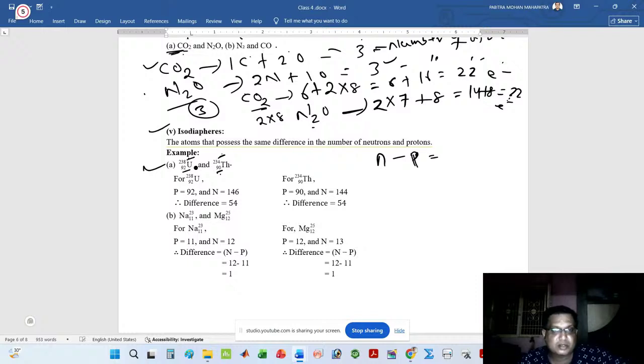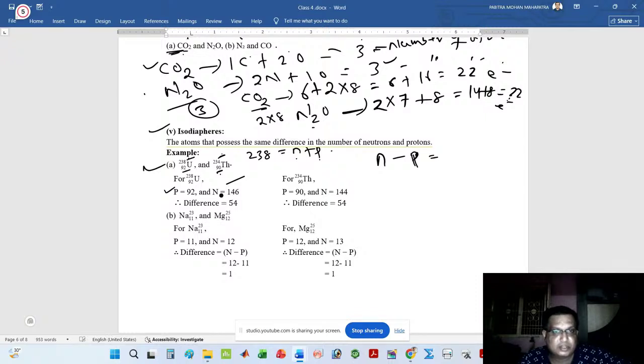That means for U 92 238, P is 92, and N is equal to how much? 146, because 238 is the n plus p. Put the value of p, then you will find the n value.